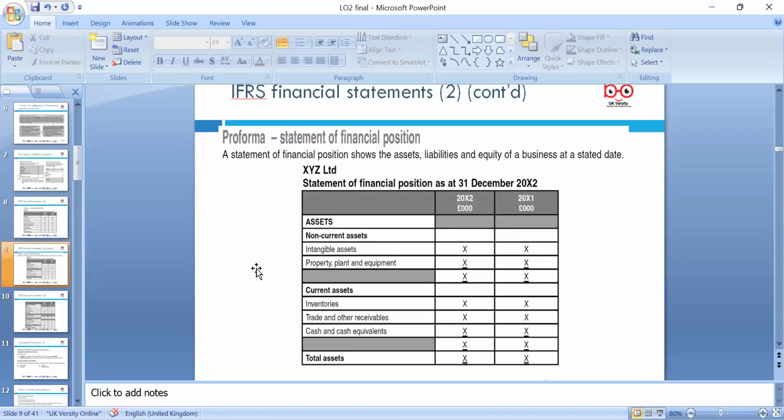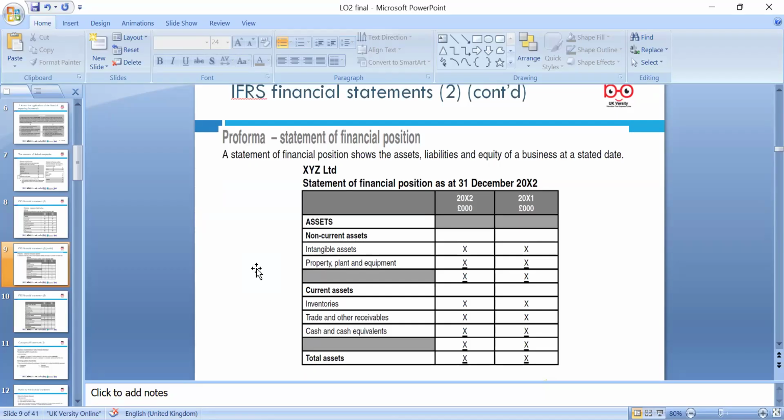Then we need to look at the pro forma of the statement of financial position, which shows historical figures. Intangible assets first, property, plant, and equipment, then tangible assets, and any other asset which has physical substance. Then current assets like inventory, trade receivables, cash in hand, prepaid.